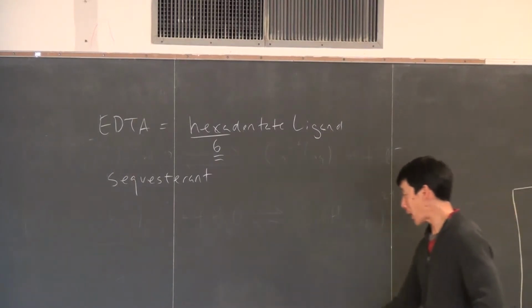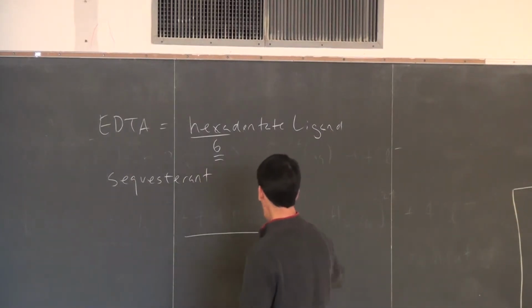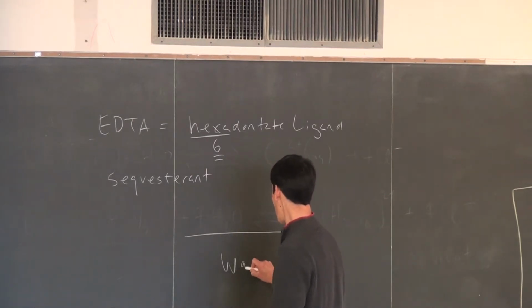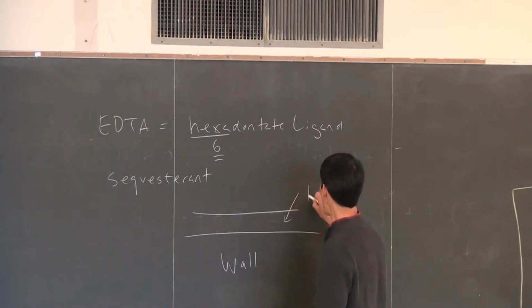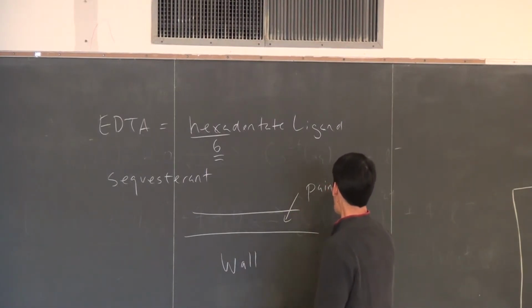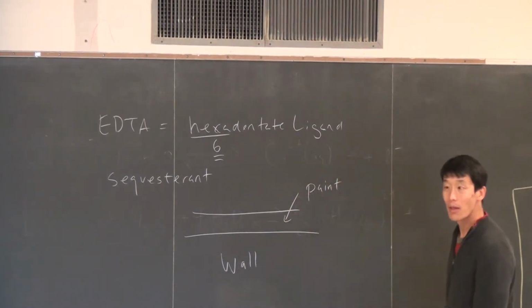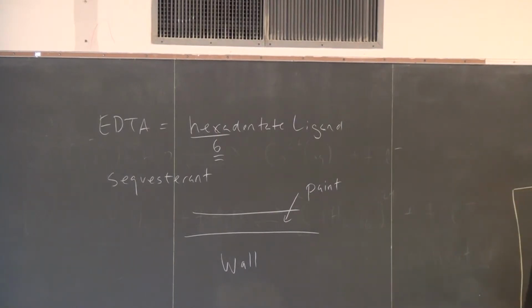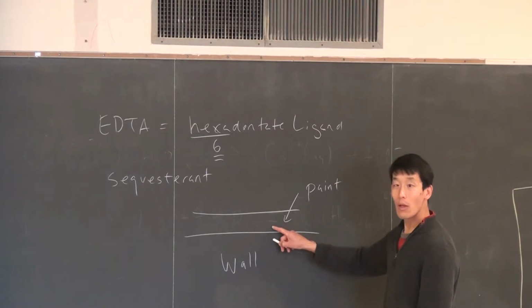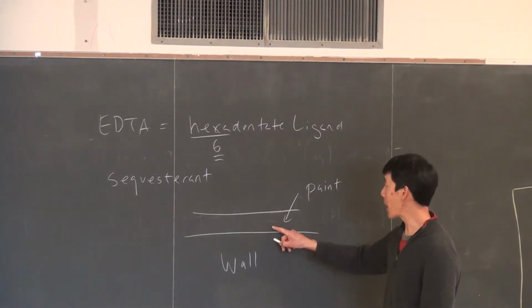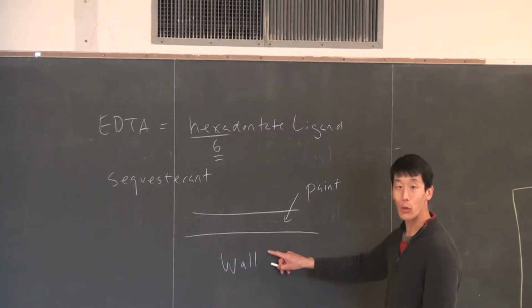So note that when you're painting, if here's your wall, you want to make sure that the paint sticks to the wall. If it doesn't stick to the wall, that means that the chemical forces which bind the paint to the wall aren't working too well.